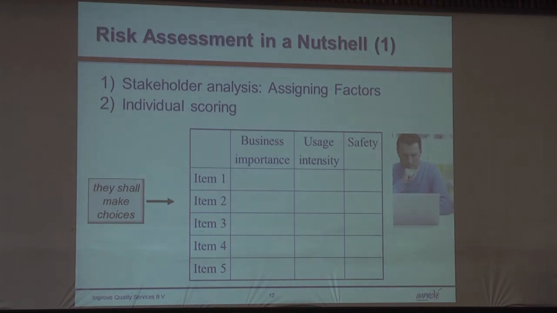So let's assume this is our manager, and we're asking, okay, please score on a scale from 1 to 5 the business importance. First item, first user requirement, first user story. That's a very important user story. Business needs it. It's important to the business. Related to the primary process.